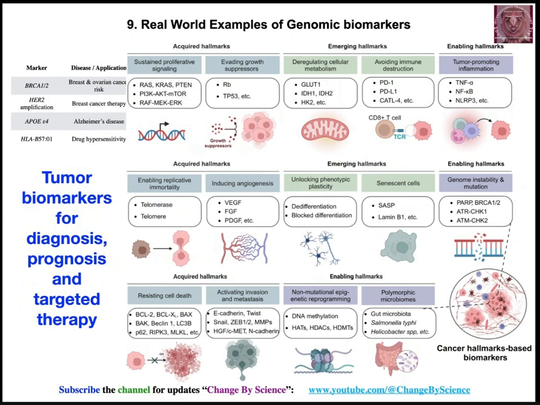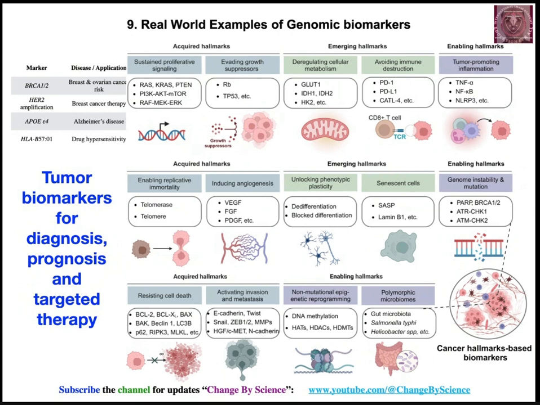Then what it includes: sustained proliferative signaling, RAS, KRAS, PTEN, PI3K, mTOR, RAF, MEK, ERK. And then it goes to evading growth suppression, RB, TP53, etc. So what are acquired hallmarks, and how you can think for different types of cancer is up to you. And this is the best way to present.